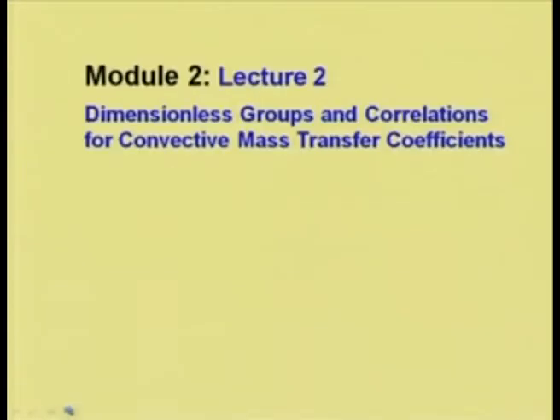In this lecture, we will consider two topics. One is dimensionless groups and the correlations for convective mass transfer coefficients. The dimensionless groups are generally important for the simplicity to represent the mass transfer coefficient and other variables or physicochemical properties of the system.